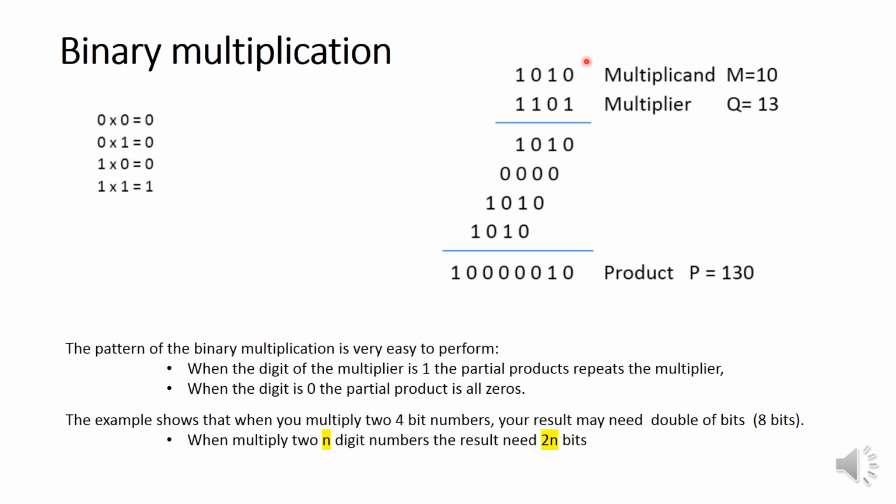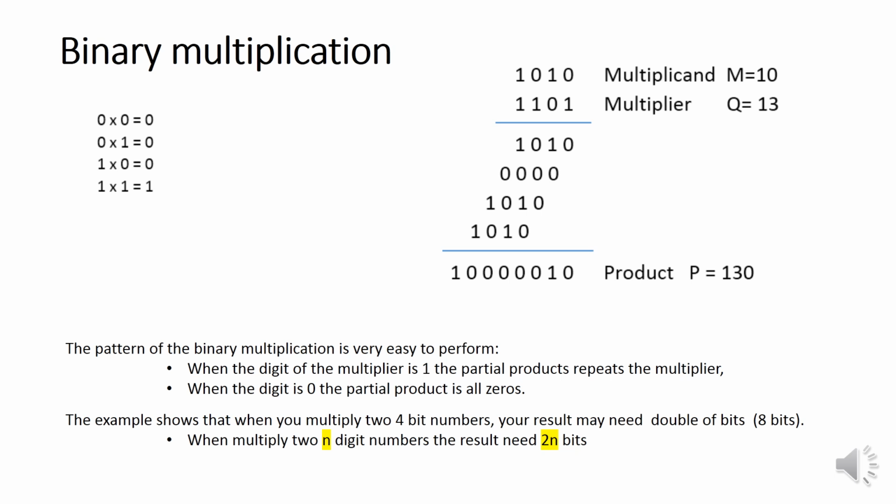Coming back to the previous multiplication, we can realize that the logic of the binary multiplication is very easy to perform. When the digit of the multiplier is 1, the partial product repeats the multiplicand. And when the digit is 0, the partial product is all zeros.